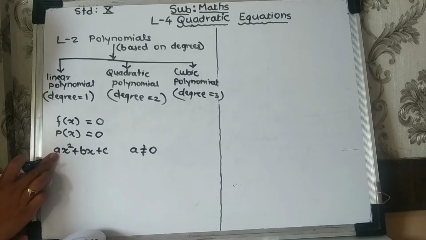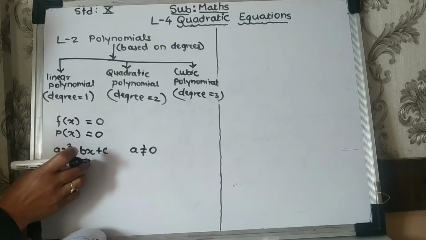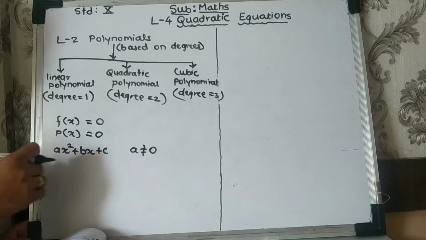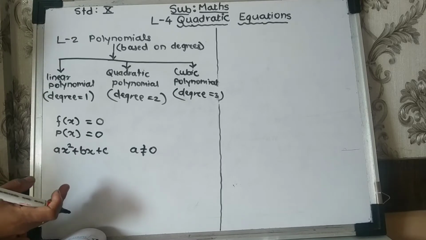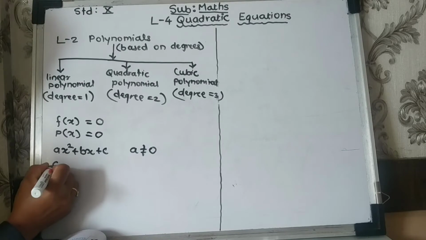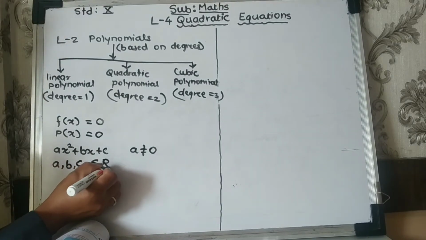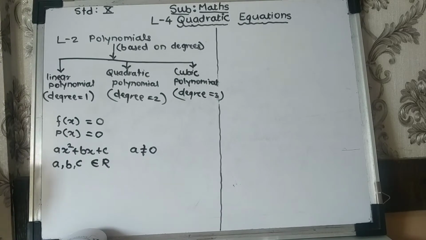Because when a equals 0, this polynomial is no more a quadratic polynomial, it becomes a linear polynomial, right? So a is not equal to 0 and a, b, c belong to real numbers.